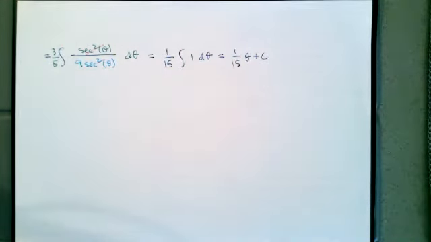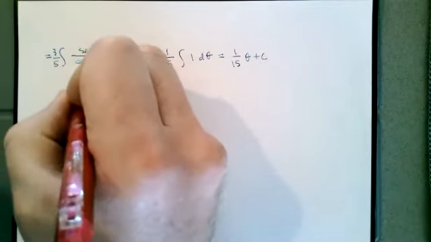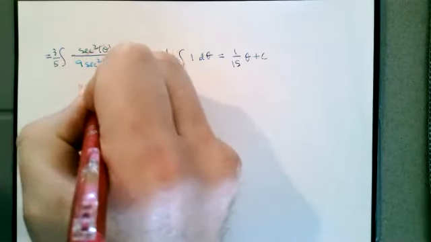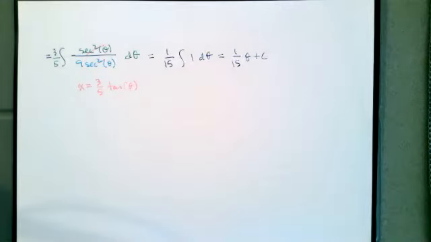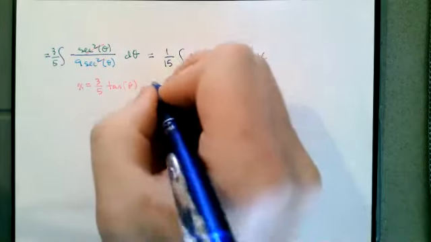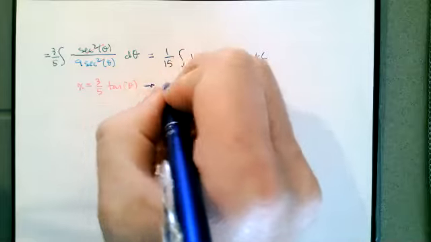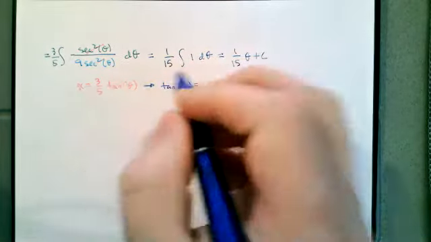Here's our antiderivative in theta, and we need to go back to our antiderivative in x. If we remember that x was 3/5 tangent theta, we can use this to solve for theta. If x is 3/5 tangent theta, then tangent theta is 5/3 x.